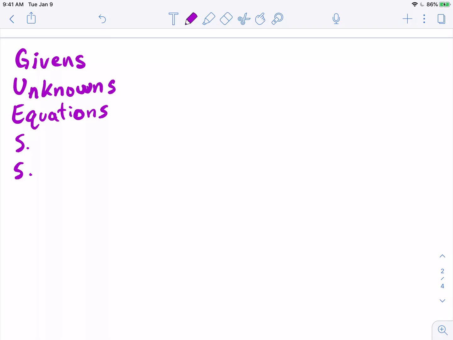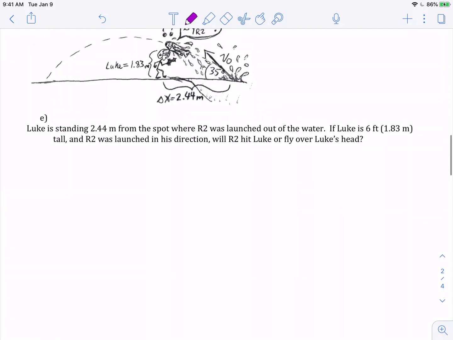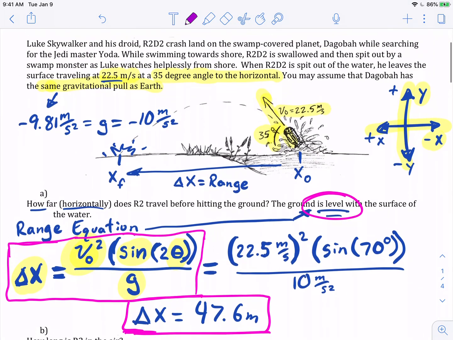And I showed you how in the range equation, it shows you how the initial velocity and the angle of the projectile are directly related to the range, and the strength of gravity on the planet is inversely related to the range. And that's all known and shown how they work by the equation there. By the way, I should say for those math minds out there, that the initial velocity is not perfectly directly related.